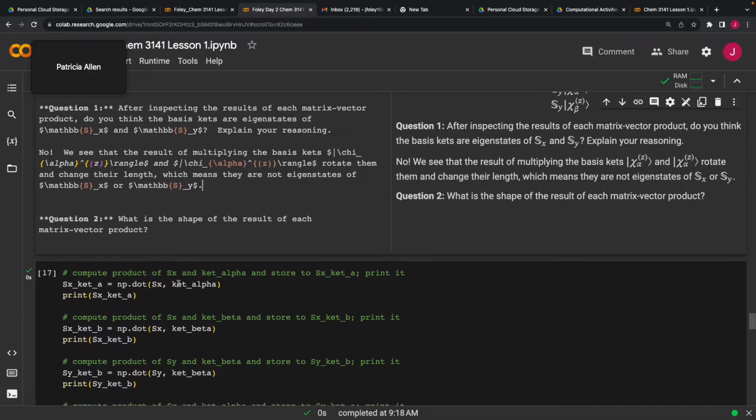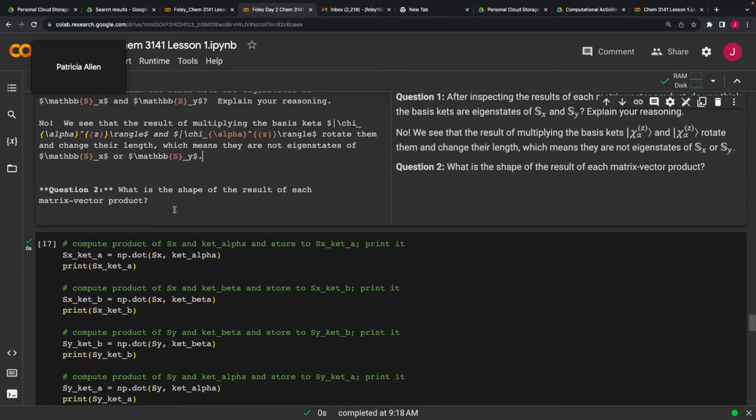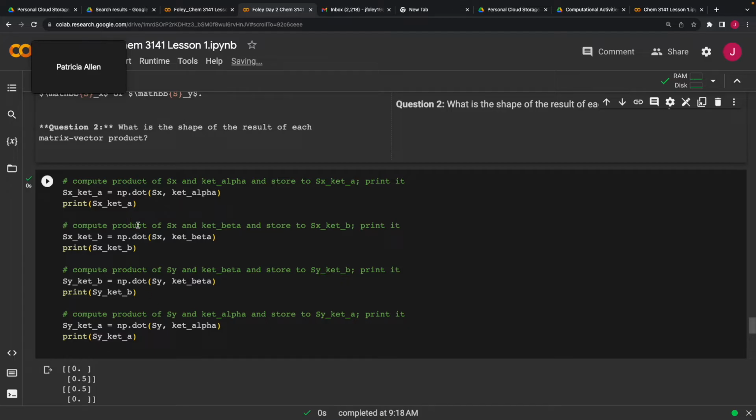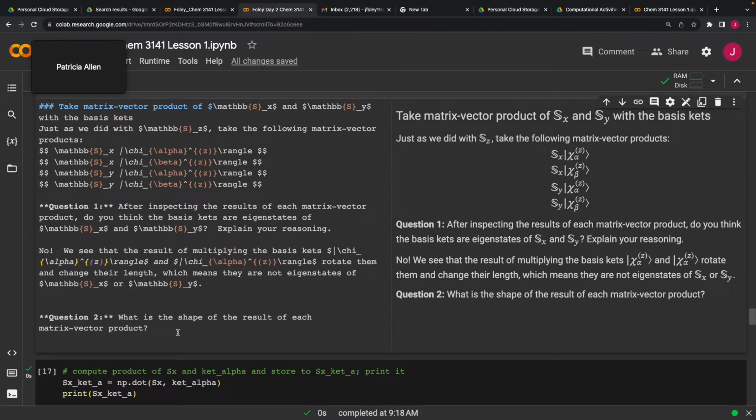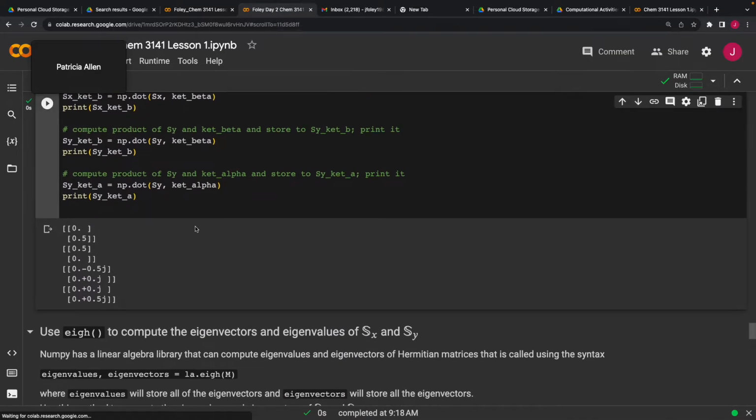Question 2, I'll leave for you all to do: what is the shape of the result of each matrix vector product? We did go through taking shapes earlier on in the notebook, so you can take the shape of these kets and print them, and then just write the shape here. Okay.